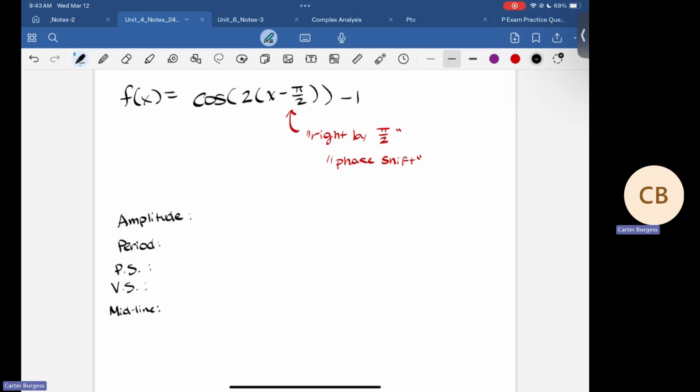Okay, looking at this equation here, what is, kind of a trick question, not really, what is the amplitude of this function? It is 1. Standard, we haven't changed it at all, no transformation that's making it different. It's normally 1, therefore here it's going to be 1. How could I find the period of this function?